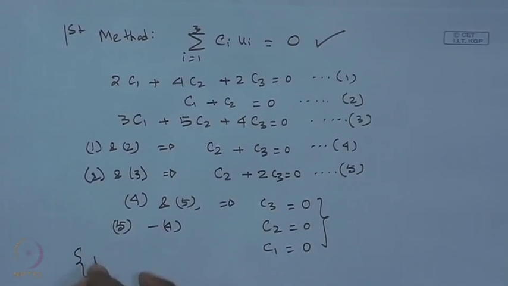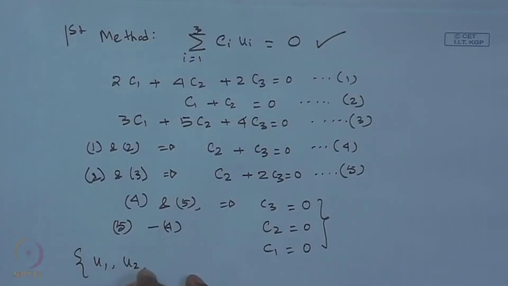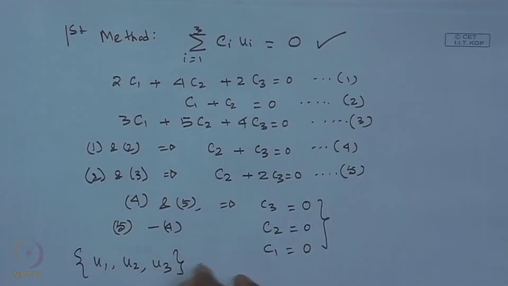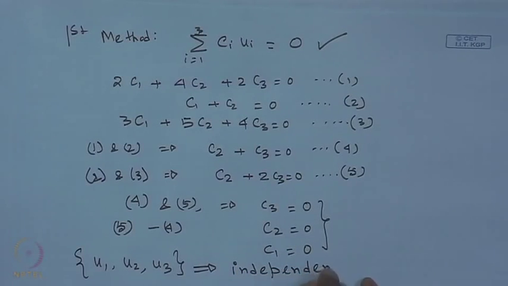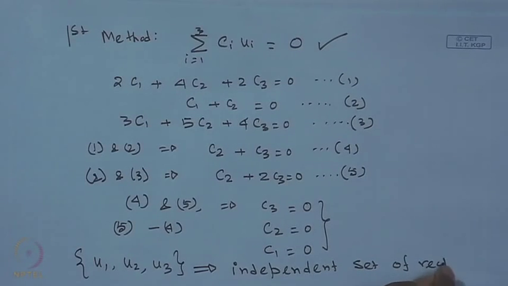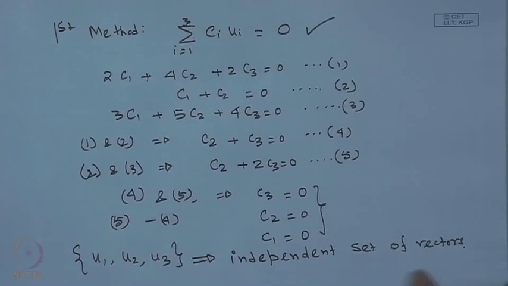Therefore, the set constituted by U1, U2 and U3 is an independent set of vectors. So, that is the conclusion of this analysis.